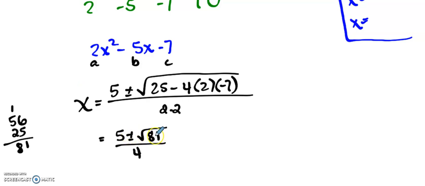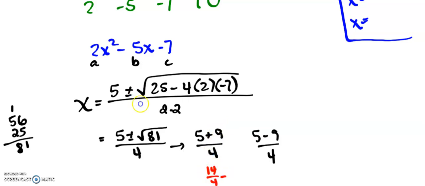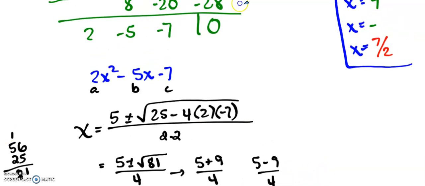Well, the square root of 81 is 9, so this will be 5 plus 9 over 4 and 5 minus 9 over 4. 5 plus 9 is 14 over 4, which is the same thing as 7 over 2. And 5 minus 9 is negative 4 over 4, which is the same thing as negative 1.